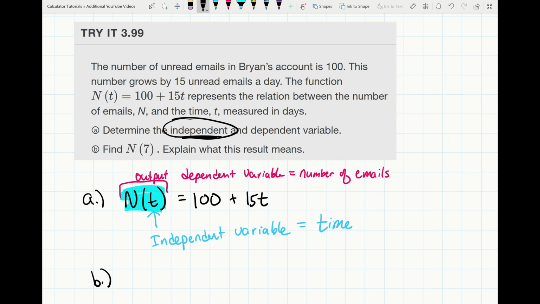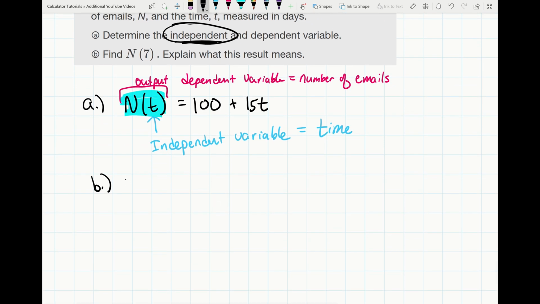Part B, all they're really asking us to do is evaluate the number of emails when t equals 7, or 7 days. So how many emails does Byron have in his account after 7 days? All we have to do is take our input value, which is going to be 7, substitute it in, and then we go ahead and solve.